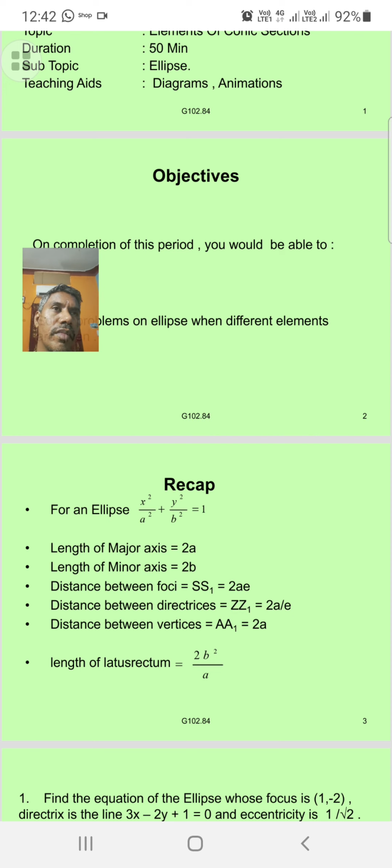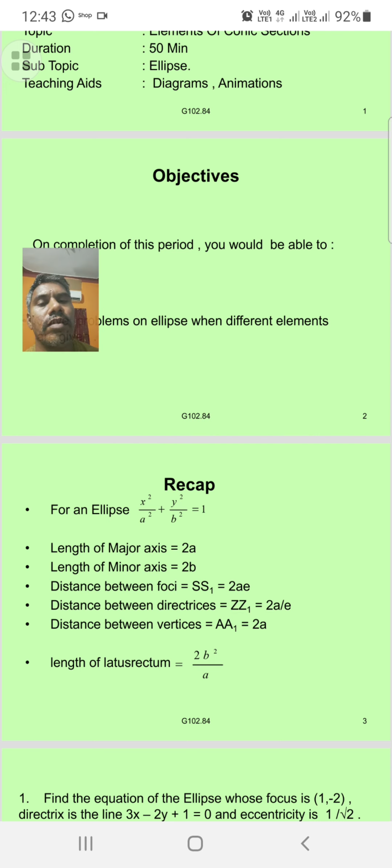Then you write the elements according to the formulas and compare them, identify the elements or terms that we need to find, and at the last we substitute.